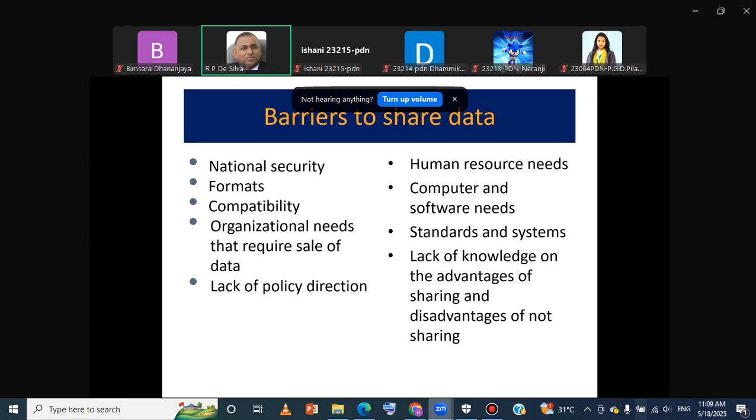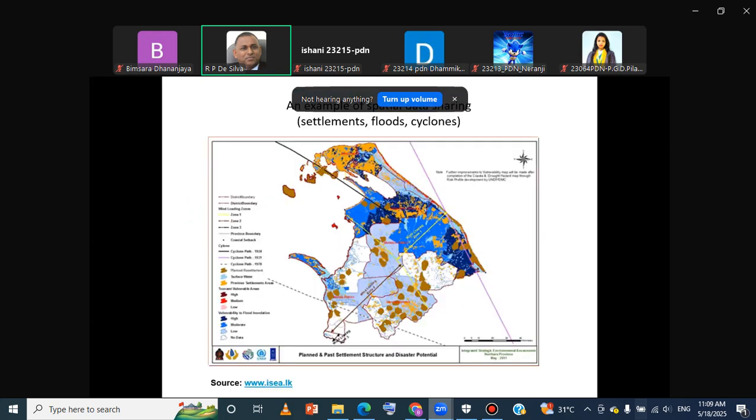Therefore, we need to have these barriers identified. So this is an example of spatial data sharing. If you look at the bottom left, you can see various institutions came forward to provide the data.